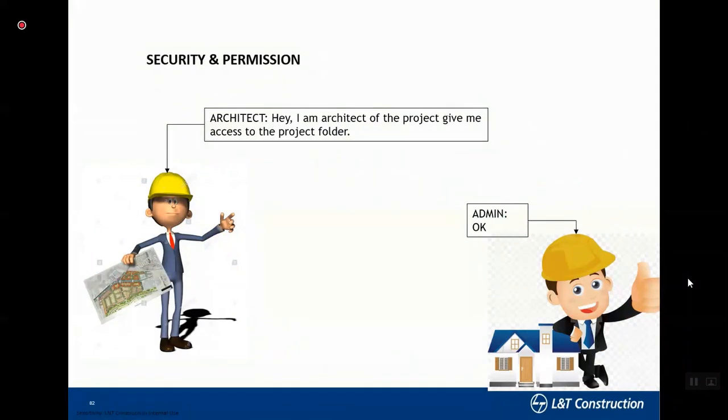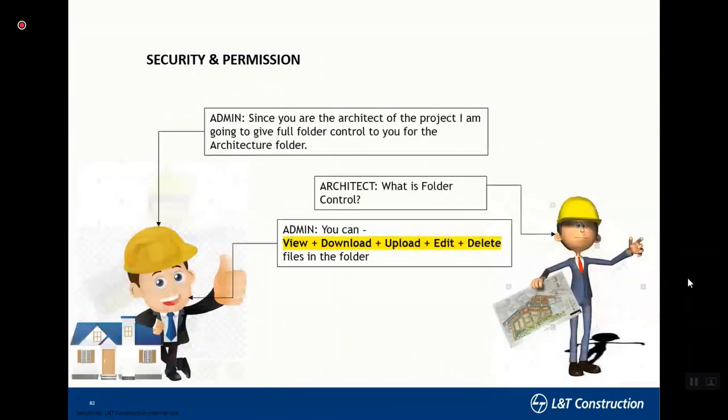If you see here, an architect is asking the admin to give access to the project folder. What is the admin telling? Since you are the architect of the project, I am going to give full folder control to you for the architectural folder. That means for the architectural folder, the lead architect will have all the access controls such as view, download, upload, edit and delete.